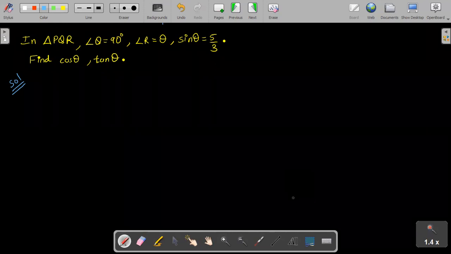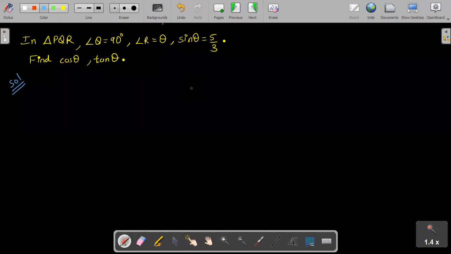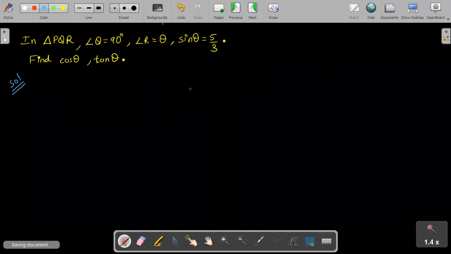Ma'am, but the hypotenuse is always bigger than the side, right? It's okay. The ratio we just saw, its length kept changing, right? That is also correct. Hypotenuse is always bigger than the side. So what should I do here in this question?